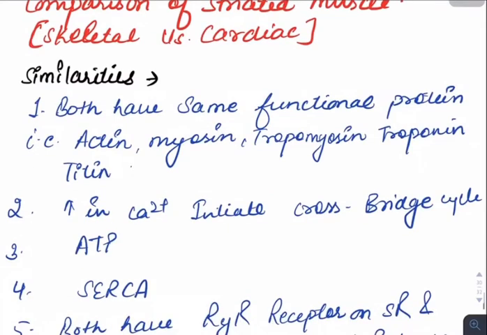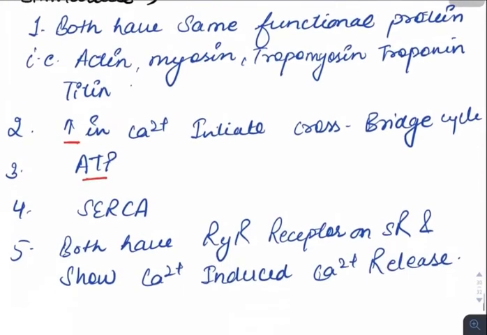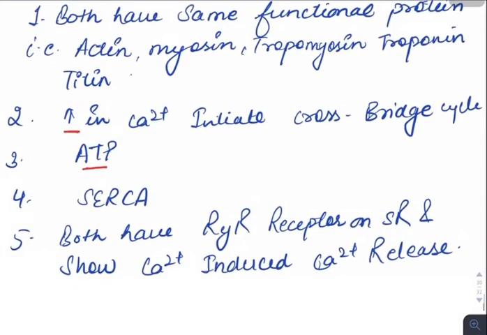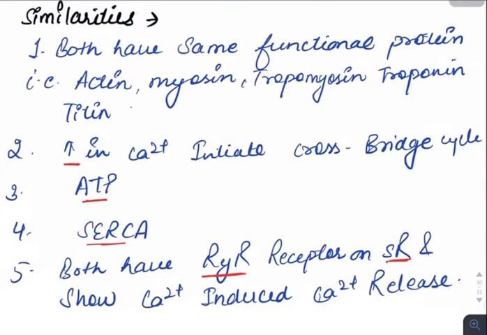Both initiate contraction when there is an increase in calcium. Both use ATP in contraction. Both have SERCA on the sarcoplasmic reticulum membrane. Both have ryanodine receptors on the sarcoplasmic reticulum membrane, causing calcium induced calcium release in both cases.